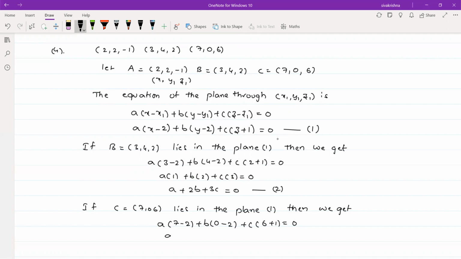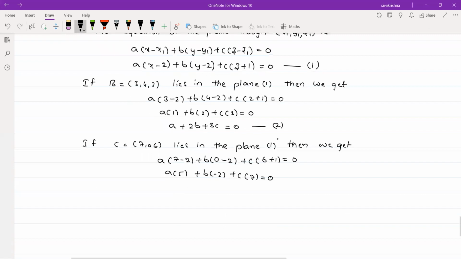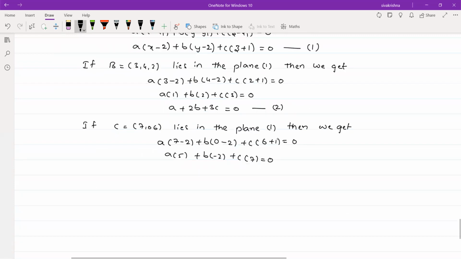And if you simplify, we get A into 5 plus B into minus 2 plus C into 7 is equal to 0. So on simplification we get 5A minus 2B plus 7C is equal to 0. So this is equation 3. So treat this as equation 3.